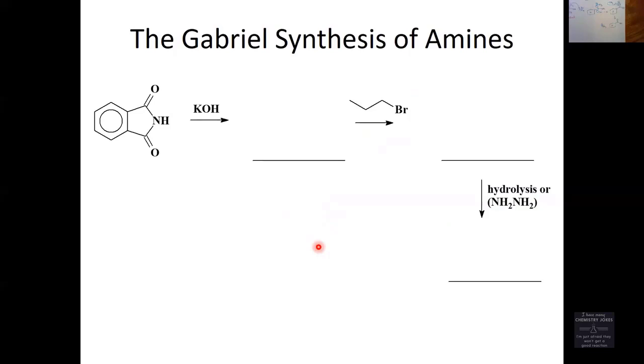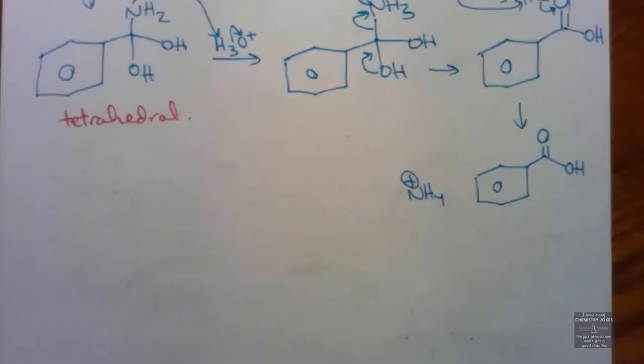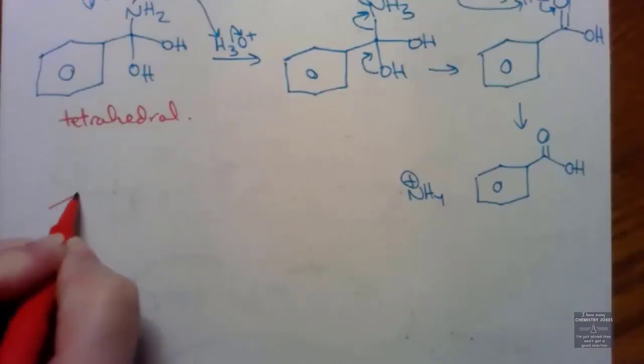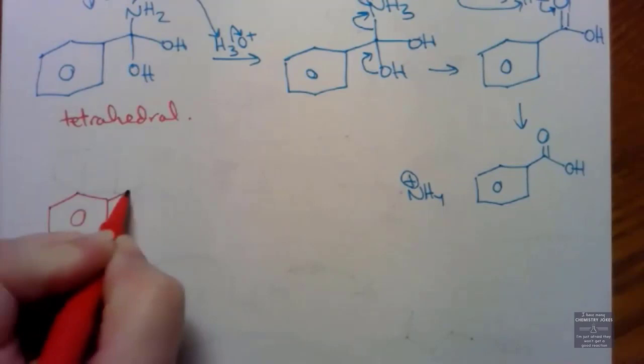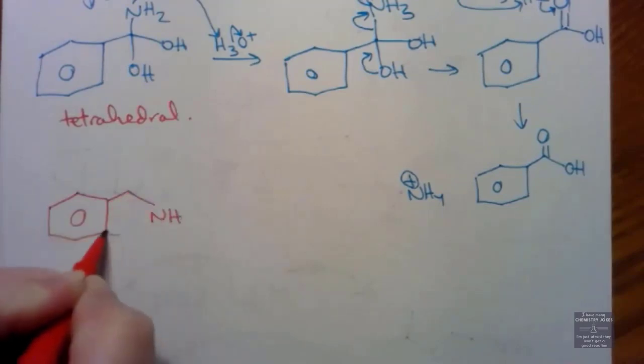One more set of things. The Gabriel synthesis of amines. Let's write a little bit about this one. The Gabriel synthesis. It's a way to make a primary amine.